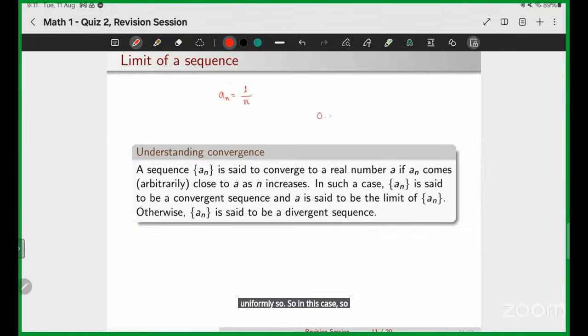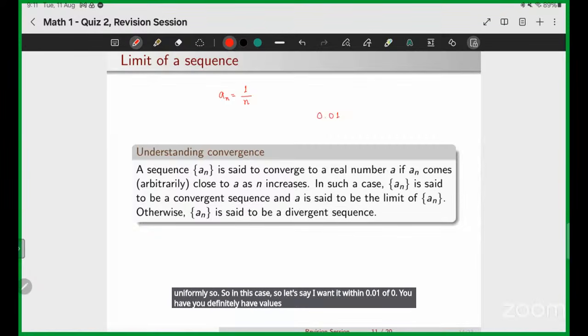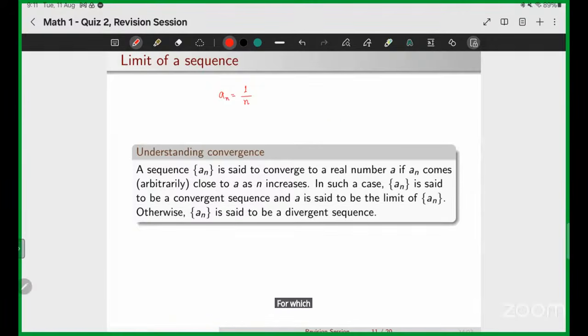Let's say I want it to be within 0.01 of 0. You definitely have values of n, 100 and beyond, for which anything more than 100 will stay within that interval, right? So that will give you a sense of what the classical definition is, but we just state it loosely. So here we'll say a_n converges to 0.